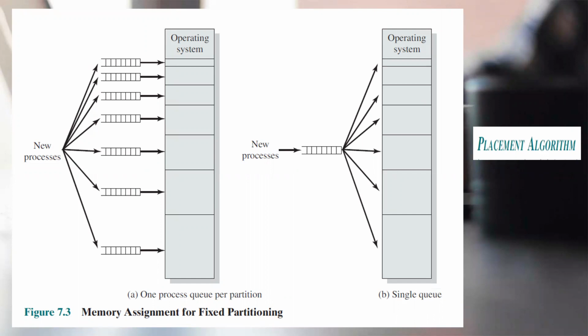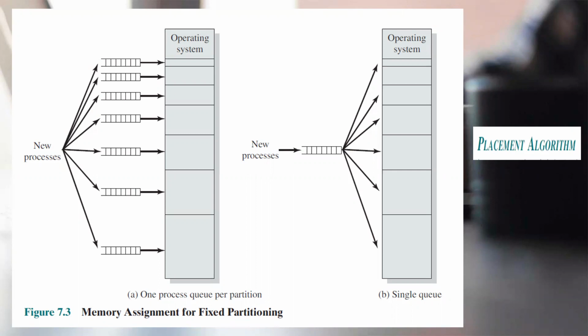Because all partitions are of equal size, it does not matter which partition is used. If all partitions are occupied with processes that are not ready to run, then one of these processes must be swapped out to make room for a new process. Which one to swap out is a scheduling decision. This topic is explored later.